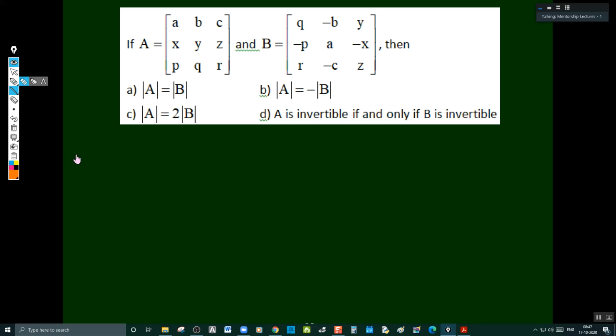Everyone knows that, I think. To revise this property, I'm back. The property is that whenever two rows or columns in a determinant are interchanged, what happens to the determinant? It changes its sign.